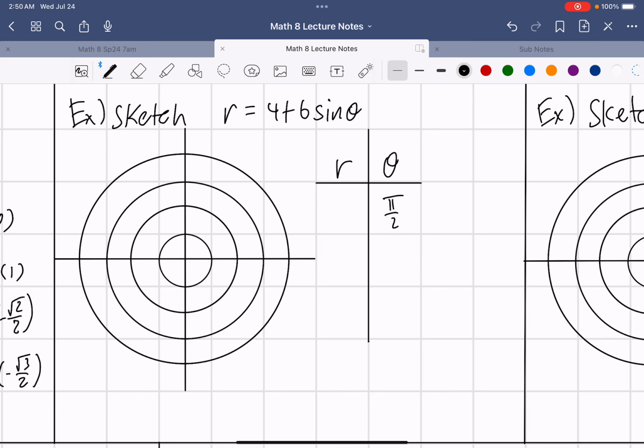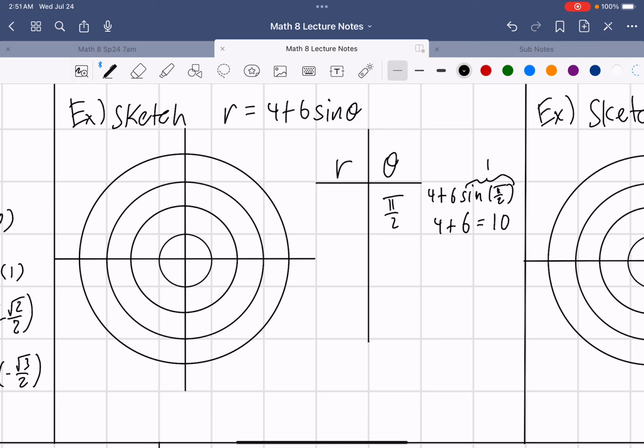Now plugging in pi over 2, I'm here at the bottom, I don't have room, or I probably could here. Right, I can write 4 plus 6 times sine of pi over 2, which pi over 2 is 1, right? This is equal to positive 1. And then 4 plus 6 is going to give us 10.